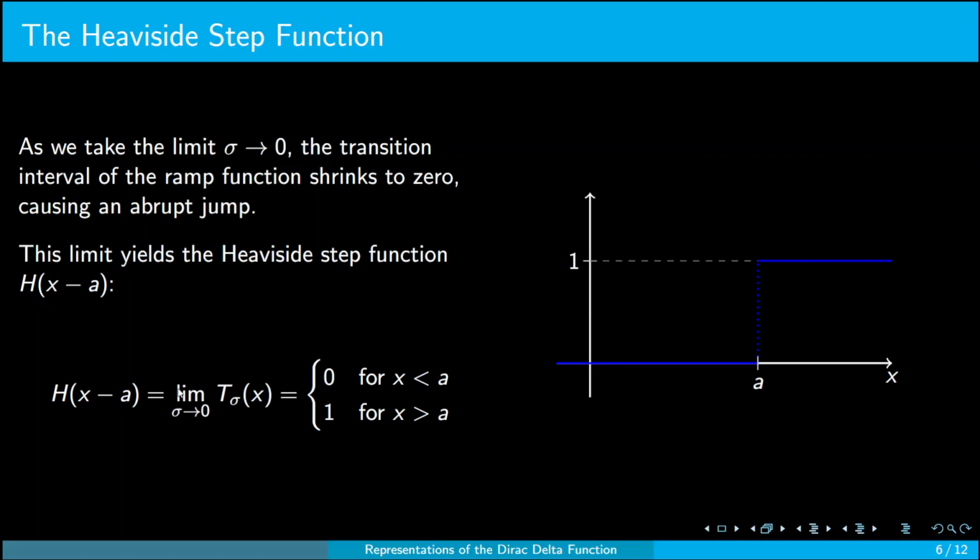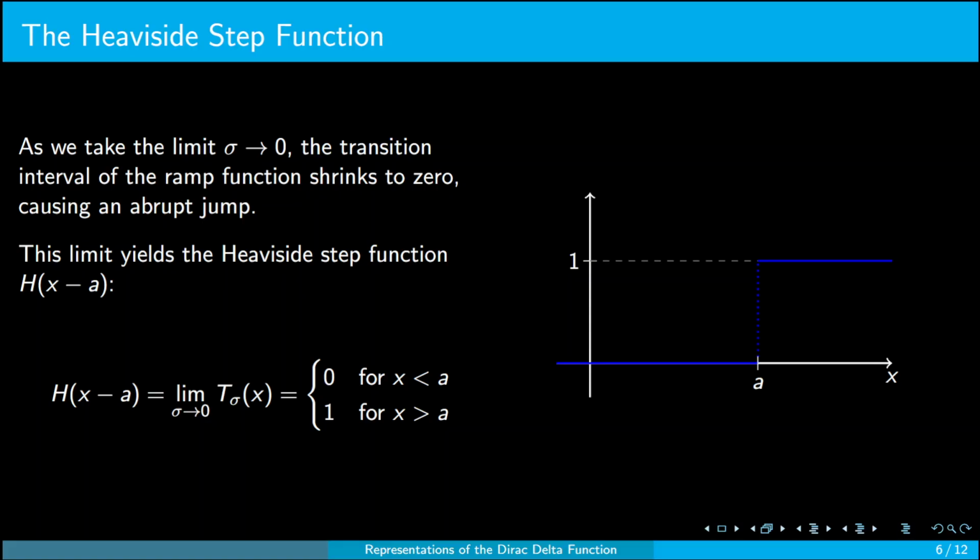So you can see we have established a relationship: if the limit sigma tends to 0, t sigma x, which for the previous function had a slope here, now becomes a straight line. So t sigma x changes to the Heaviside step function.